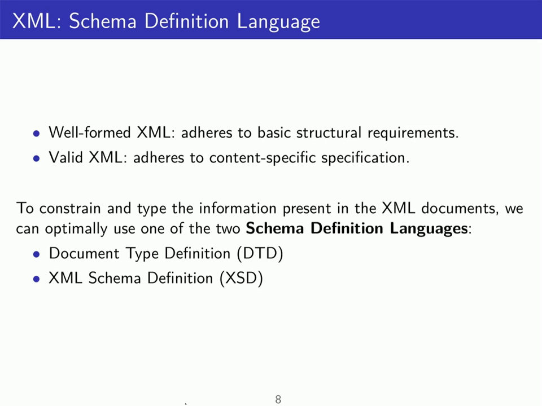One is document type definition, DTD as abbreviation, or XML schema definition, which uses XSD as abbreviation. We should introduce both of the languages and play with them, to see how the documents can be validated by these two specifications.